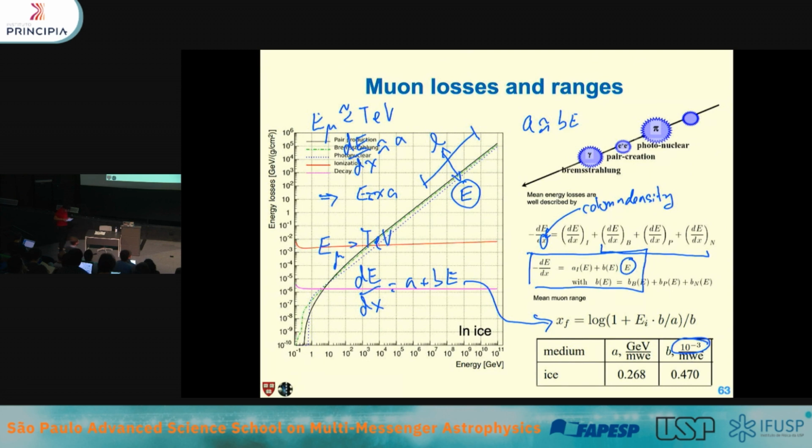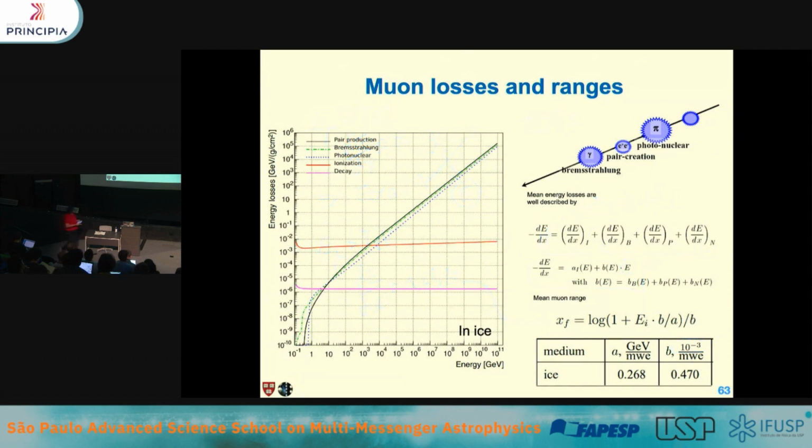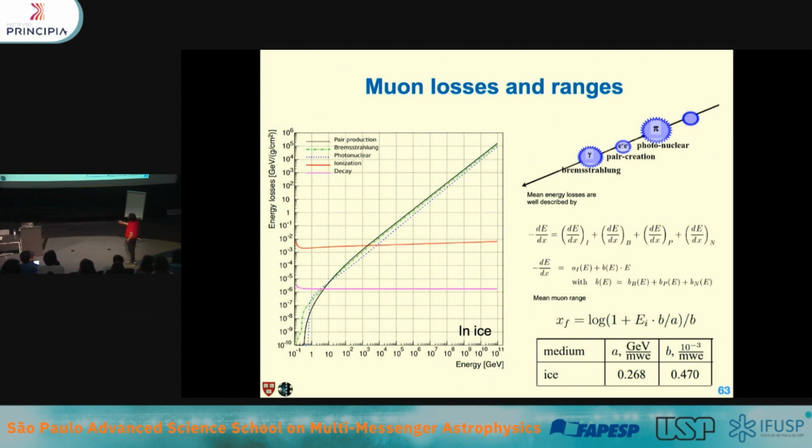Thank you. So this is how it looks in reality. Here we have the energy of the muon, and this is the energy loss. So this is a plot of this. Here, as I was telling you, this is the ionization loss. This is approximately constant. This is a log scale here.